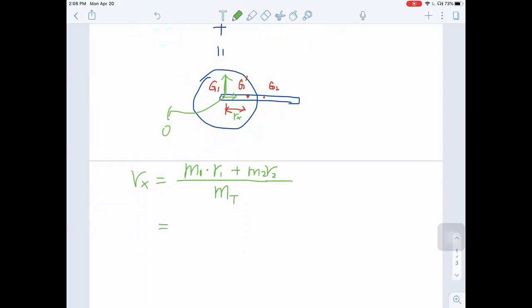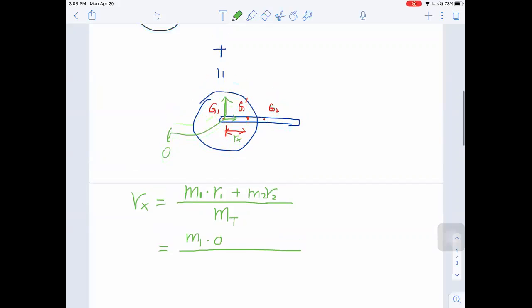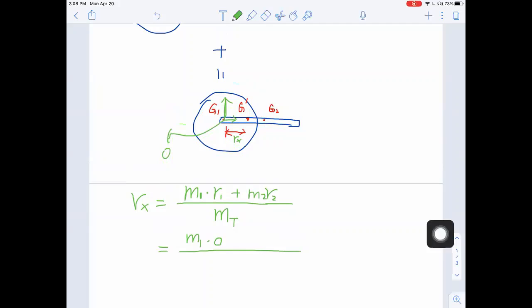In this problem, we can plug in. It's going to be M1 times 0, since I choose the origin at the center mass of M1, which is just the center of the disk. So there's no distance between the origin and the center mass of the disk.